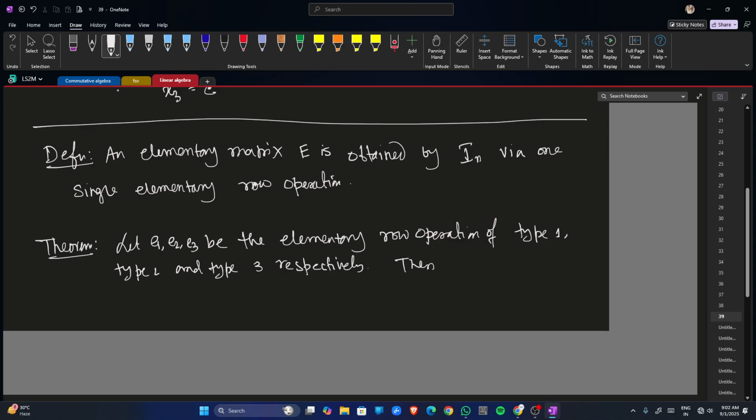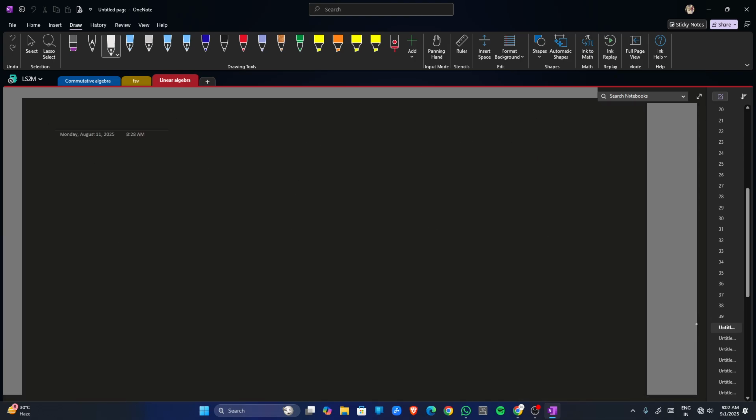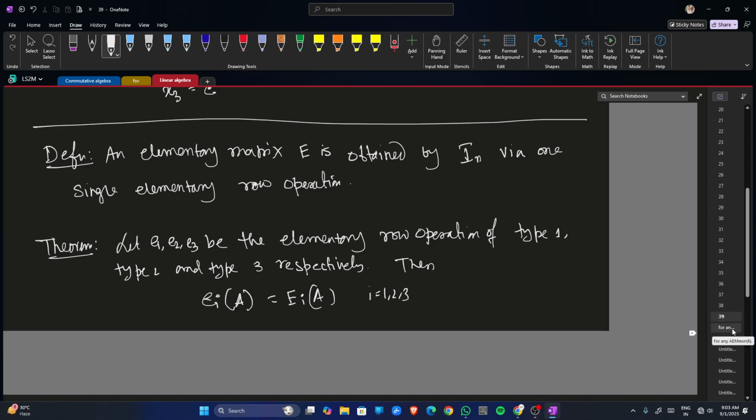Then E_i A is the same as the elementary row operation on A, for any M cross N matrix A. Yes.